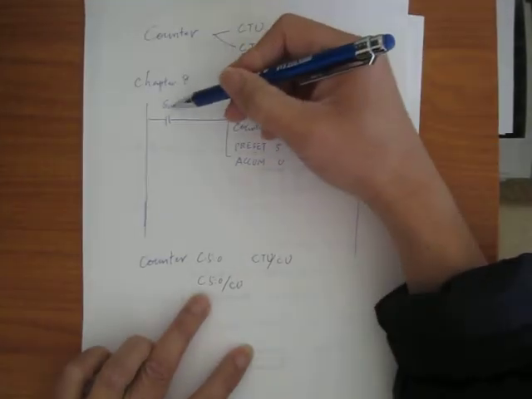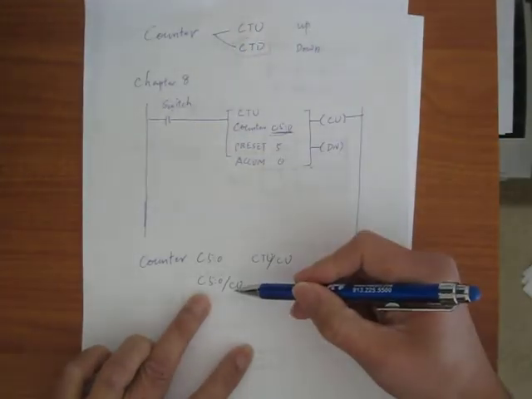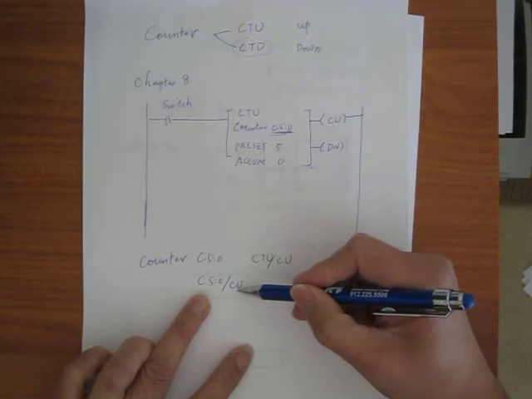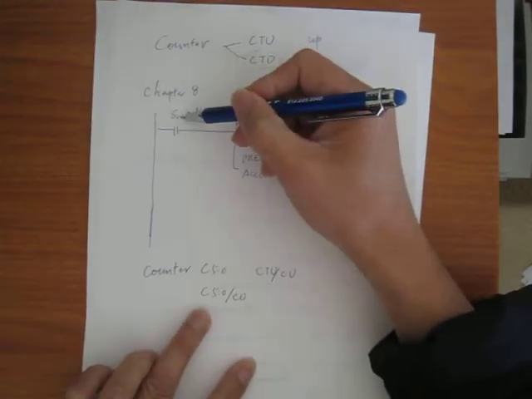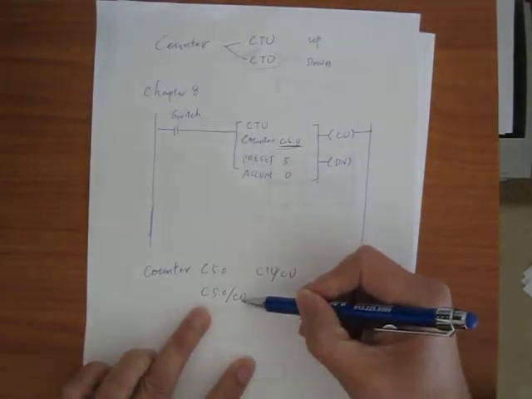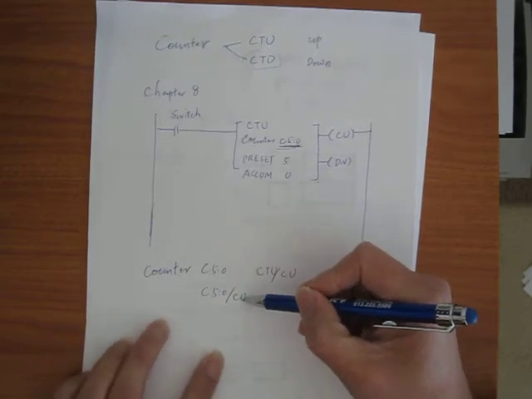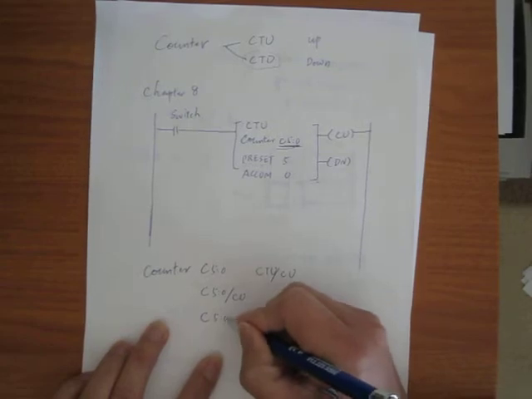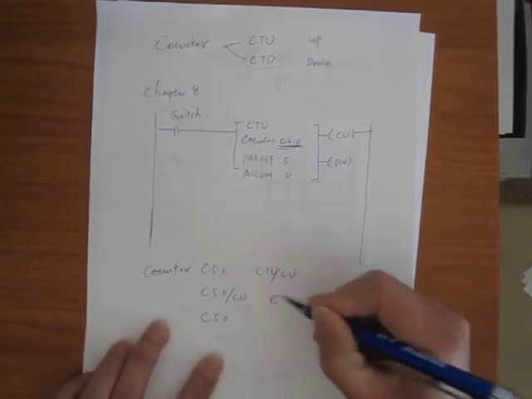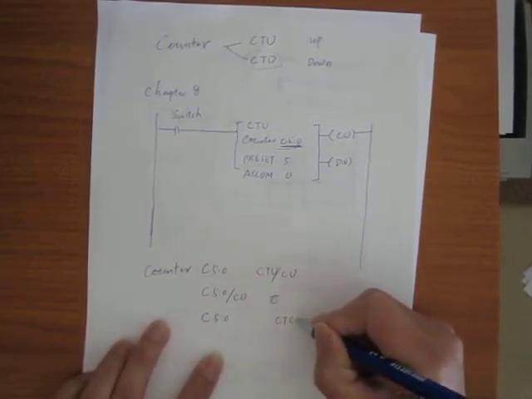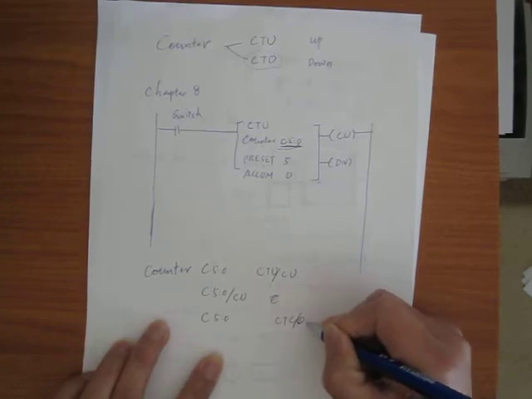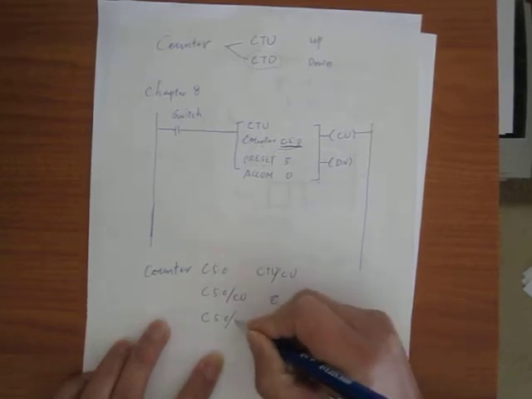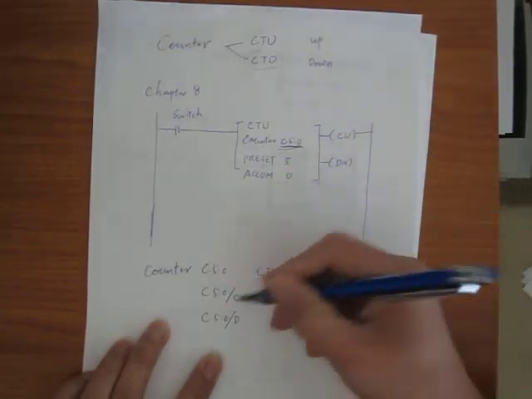As long as the switch is on, this CU will be on. And then we have another one, C50.DN, or CTU DN if you use this name here.